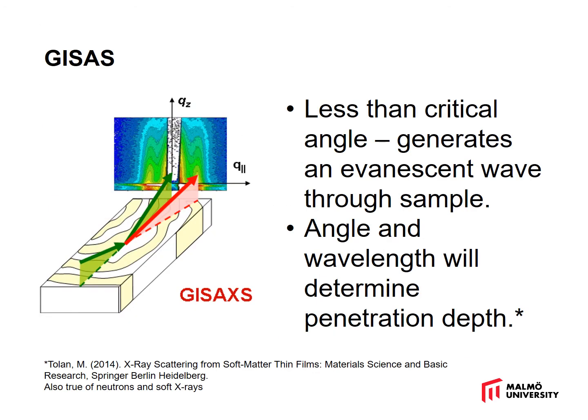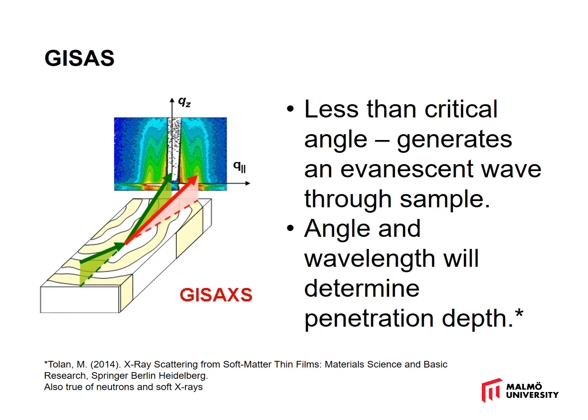So here's a schematic of the grazing incidence SAXS experiment. I've actually taken this from the Wikipedia page. The angle of incidence of the green arrow coming into the sample for grazing incidence is always less than the critical angle, and it generates an evanescent wave through the sample and behind the sample in these two directions, Qz and Q parallel.